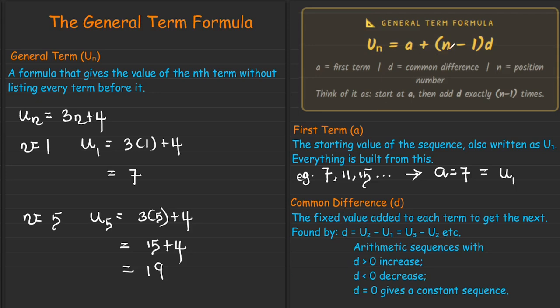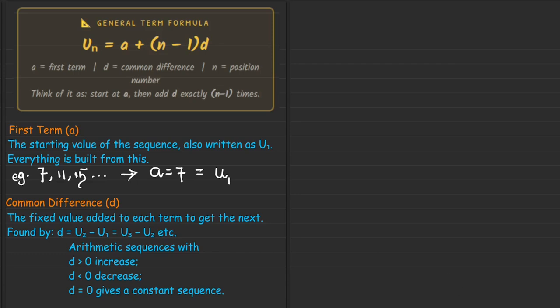Now one might also ask, we have spoken about the a, we've also spoken about the d. Where does this n minus 1 come from? I'll give you a very short and simple proof of where it comes from with an example. Let's say we have all these terms over here. That is u1, u2, u3, all the way to u5. We know the u1 is actually a.